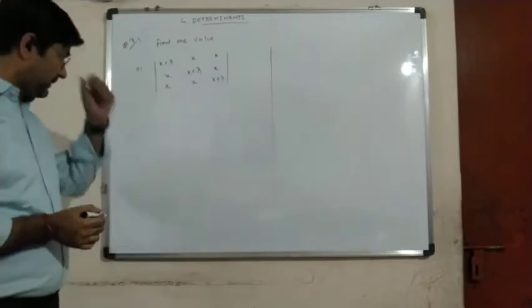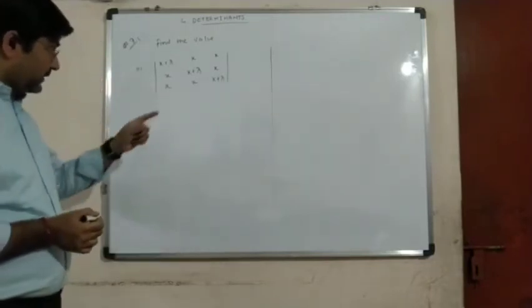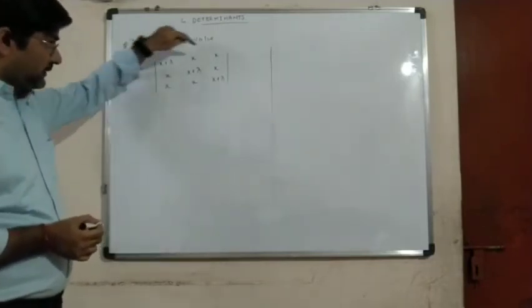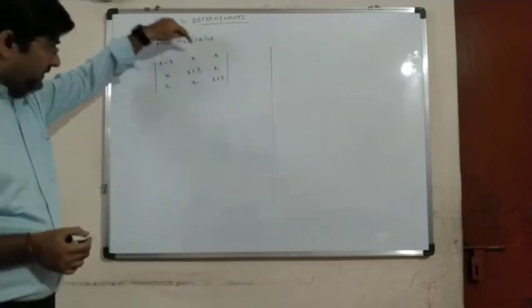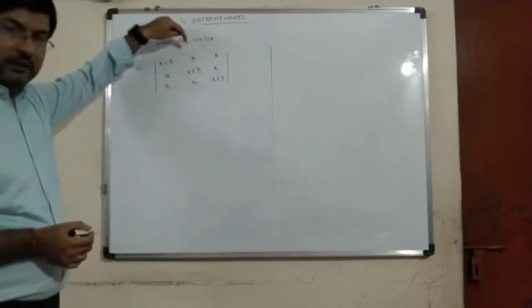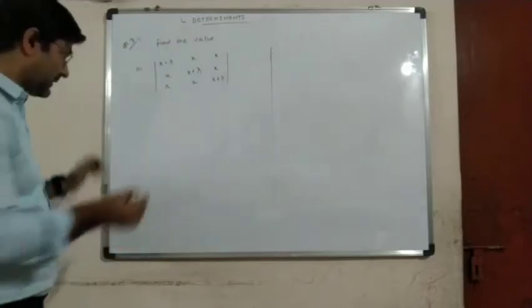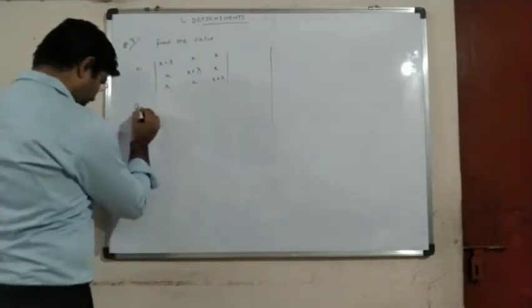In order to simplify, what we can do is subtract the third column from the first, that is C1 minus C3, and on C2 also C2 minus C3. So let us do that.